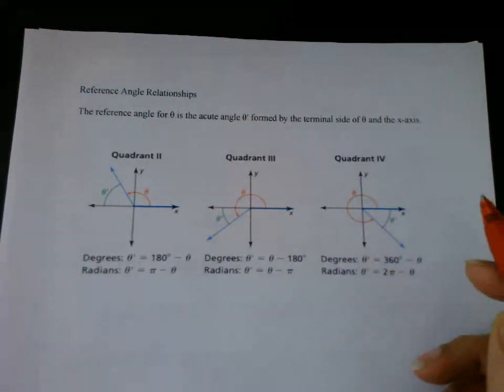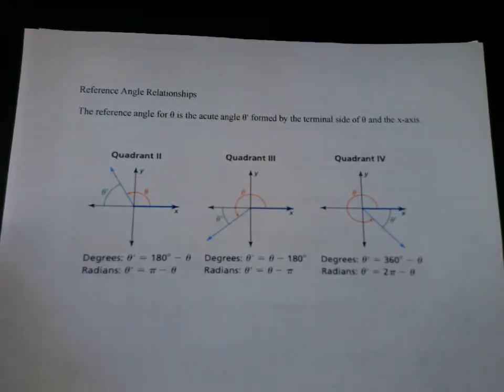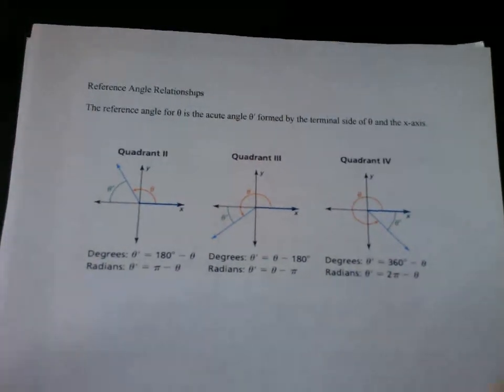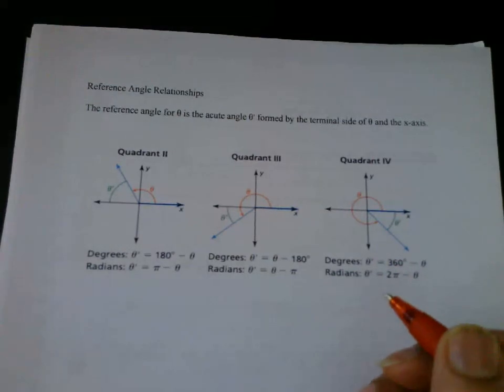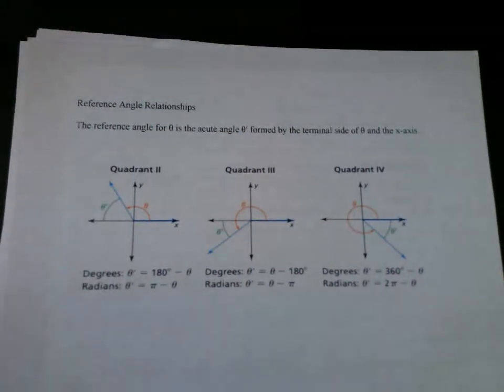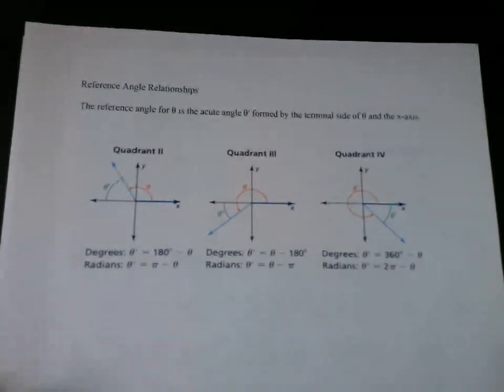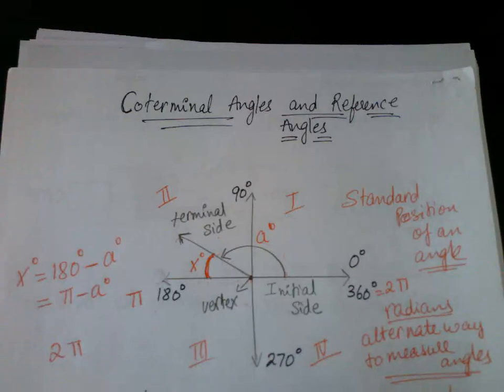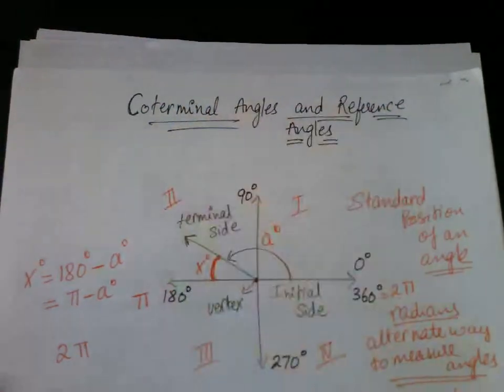In the next video, we will solve a few questions from the Kuta software worksheet. Okay, I forgot to mention the coterminal angles, the discussion that we started with. We discussed the terminal side and the reference angles and how to calculate the reference angle. What do we mean by coterminal angles?